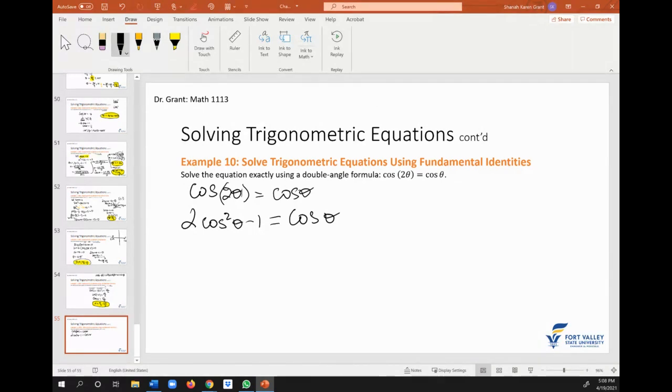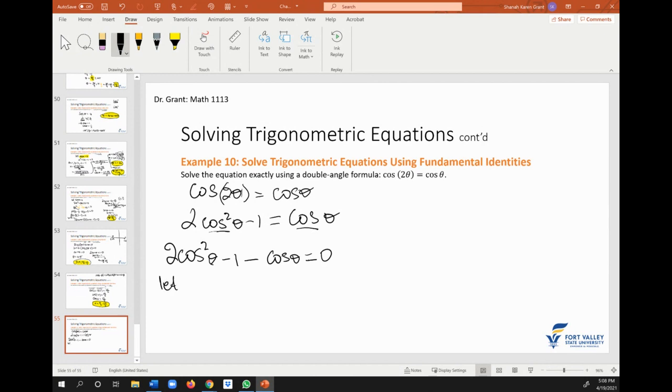We could look at this as a quadratic because it's squared, and this is also cosine. So we can bring everything over to one side. This becomes 2 cosine squared theta minus 1 minus cosine theta equals 0.